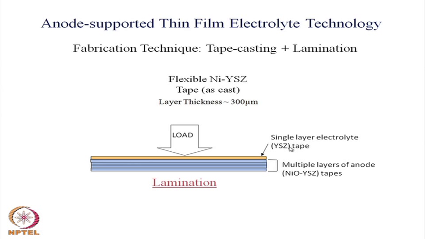So, a single layer of electrolyte is there, and then a few more, depending on the thickness of each individual tape as well as the final thickness of the anode support tube. These are nickel YSZ tapes which have been pressed together in the cold condition. By putting a load you compress them, and this is the multiple layers of anode nickel.